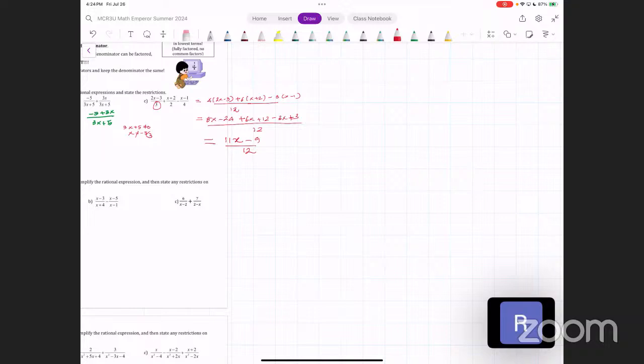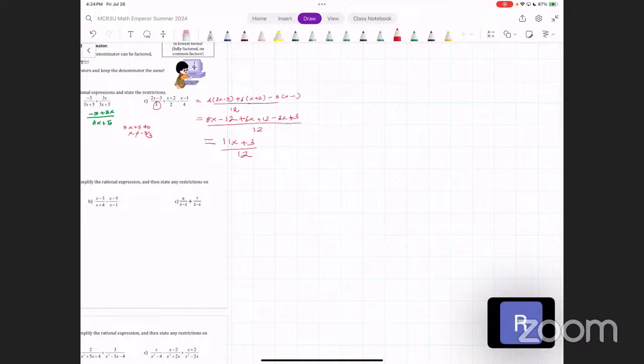Negative 12, yes. So we got 11x, minus 33 over 12. No restriction here because on the denominator, what did you get? You got a number. So no restriction applied.